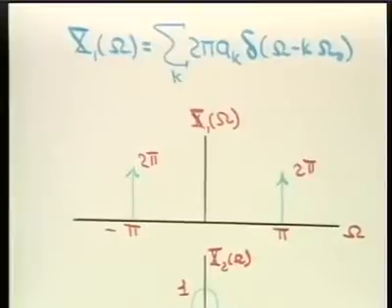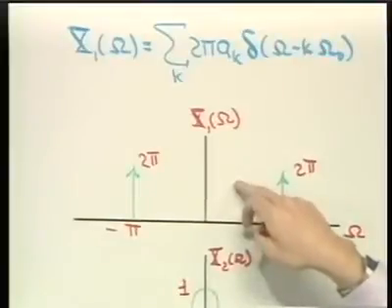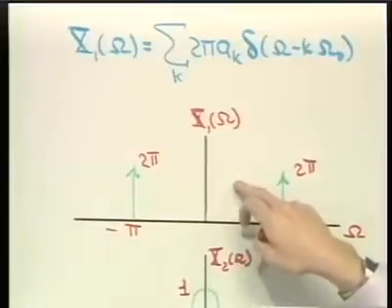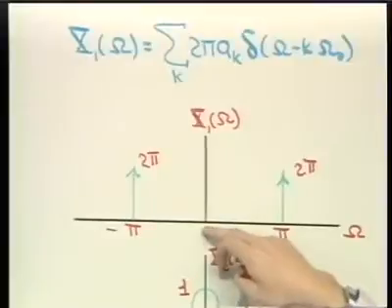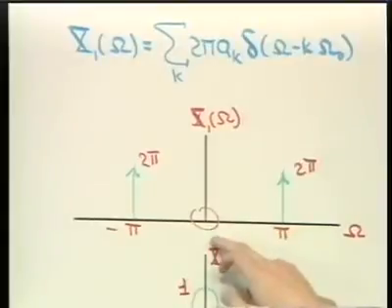So notice that in the plot that I've shown here of the Fourier transform of x1 of n, we have the 0th coefficient, which happens to be 0, and so I haven't indicated an impulse there.